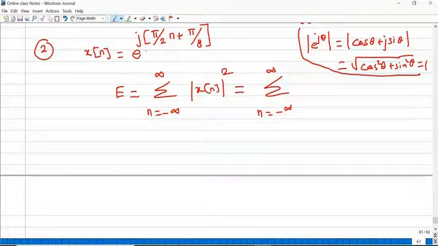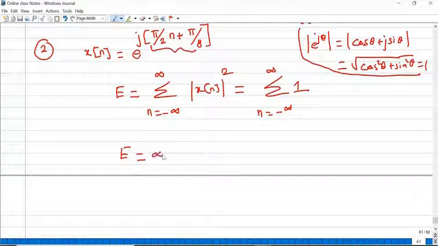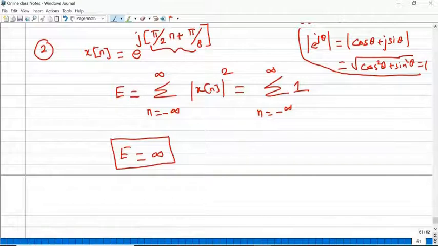Okay. Here also, this entire term we consider as e power j theta. So modulus of e power j theta square, the value is 1. So from minus infinite to infinite of 1, your result will be infinite. Okay. Energy is infinite. Now find out the power of the signal.